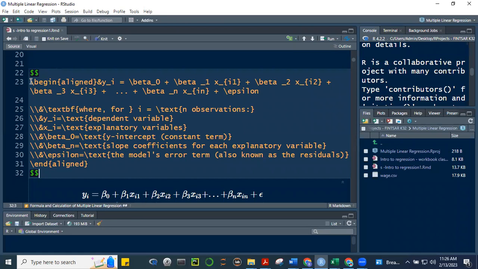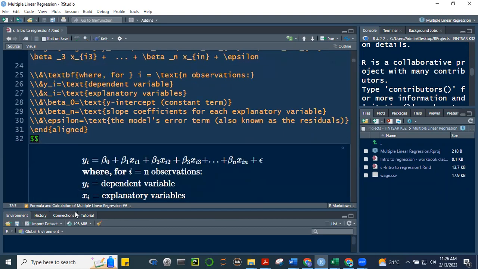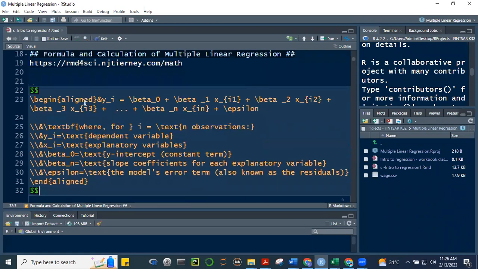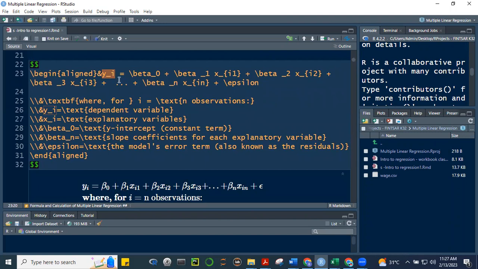Then here, backslash begin, and there's some code here, aligned, which means that the lines should be aligned like this. And then here you have y underscore i. This means this is subscript. So take a look at the printout here, y underscore i.